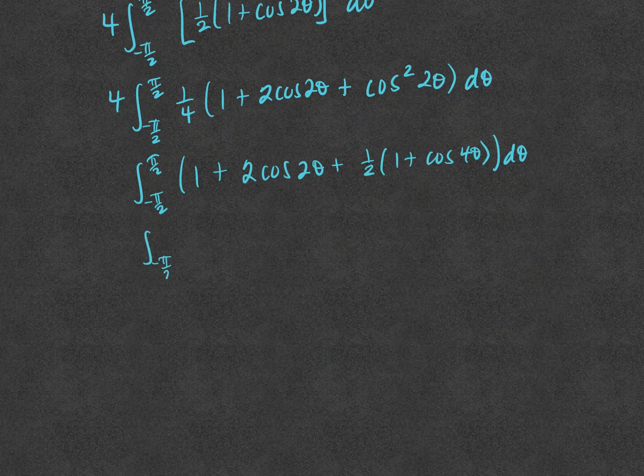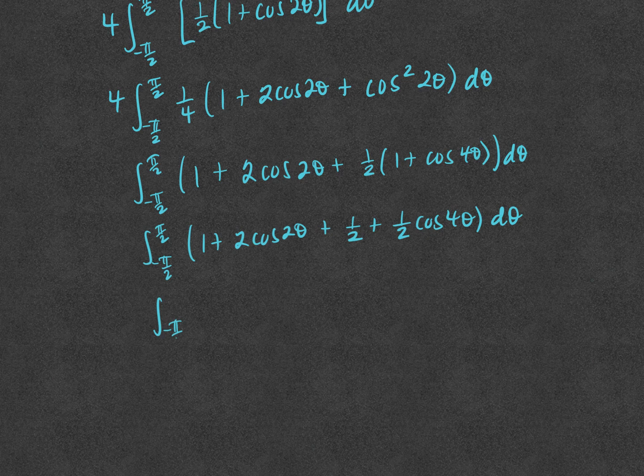So we have negative pi over 2 to positive pi over 2, and we have 1 plus 2 cosine 2 theta plus 1/2 plus 1/2 cosine 4 theta d theta. So we have the integral from negative pi over 2 to positive pi over 2. 1 plus 1/2 is 3/2 plus 2 cosine 2 theta plus 1/2 cosine 4 theta.